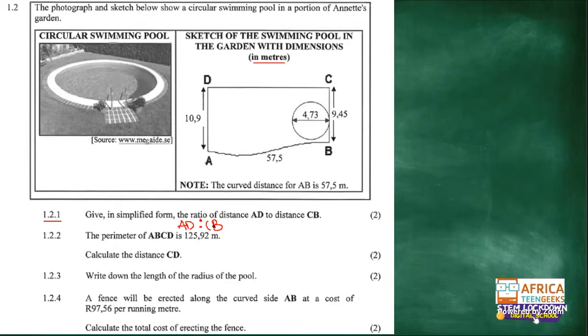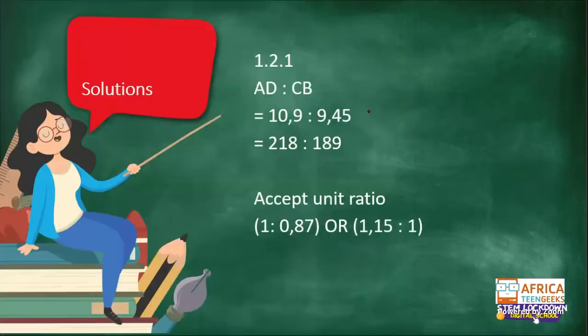So the distance of AD is 10.9 meters, and the distance of CB is 9.45. So let's try to simplify those two. Step number one is what you do. I'm sure everyone has this first mark.